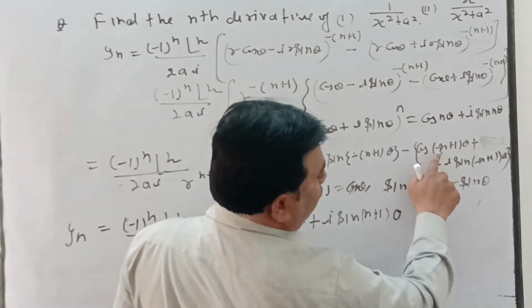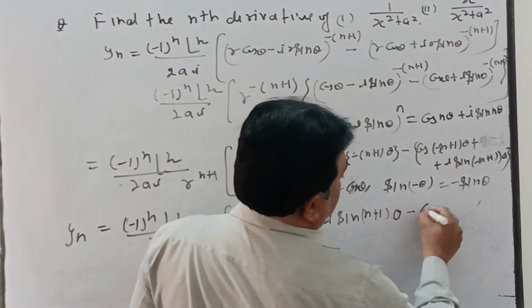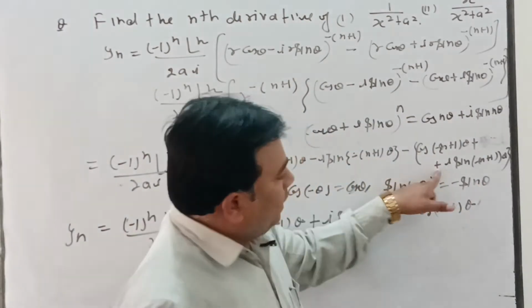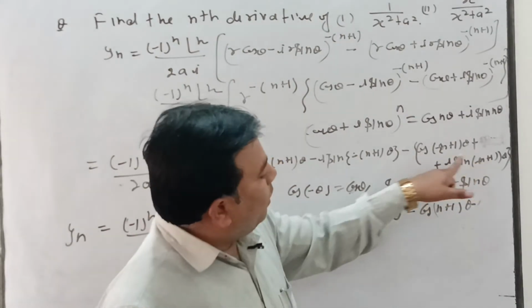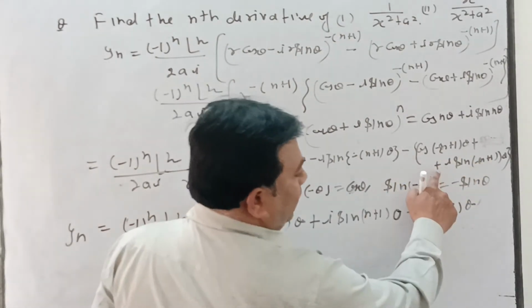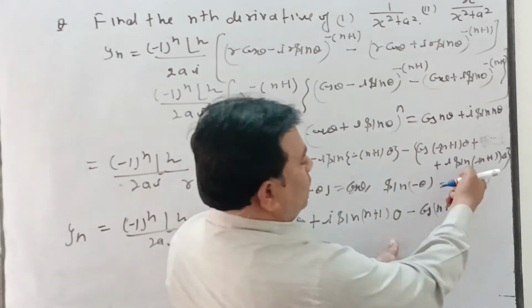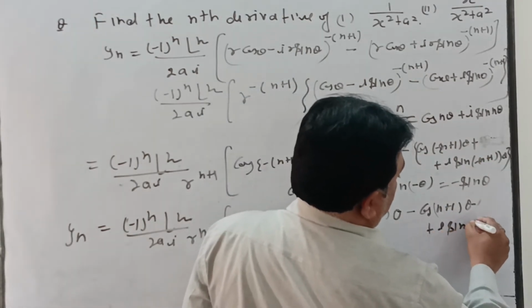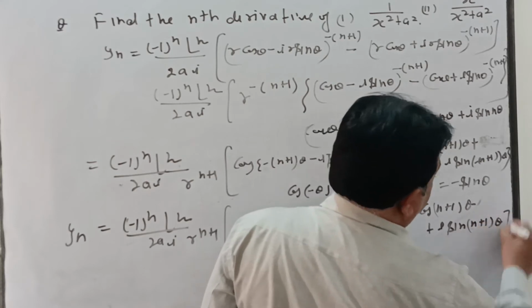Again the same procedure, no effect of this, minus cos (n+1)θ, but the minus sign comes out of this. Then taking the minus, but this is also minus, so again it is positive, so i sin (n+1)θ.